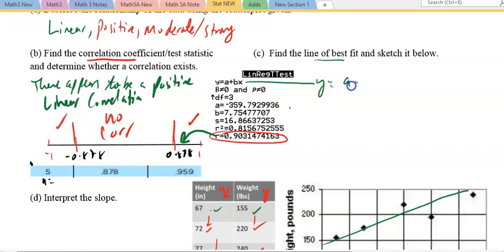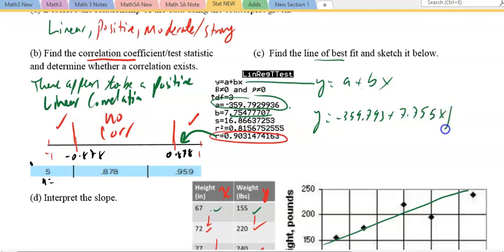What's a? It's right there, plus b, there is b, 7.755x.